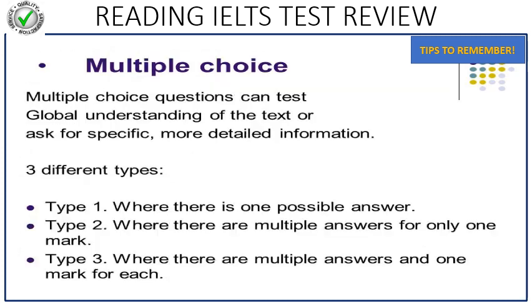5. Multiple choice. Multiple choice questions can test global understanding of the text or ask for specific, more detailed information. 3 different types. Type 1, where there is one possible answer. Type 2, where there are multiple answers for only 1 mark.